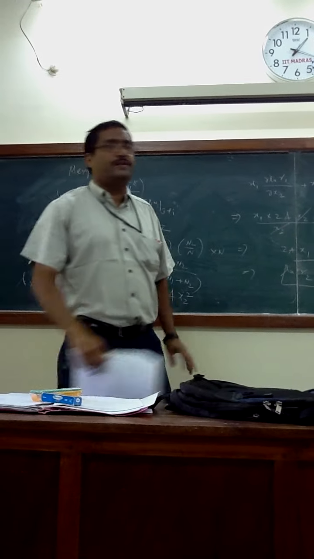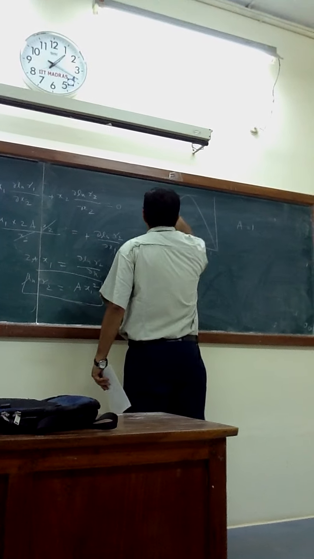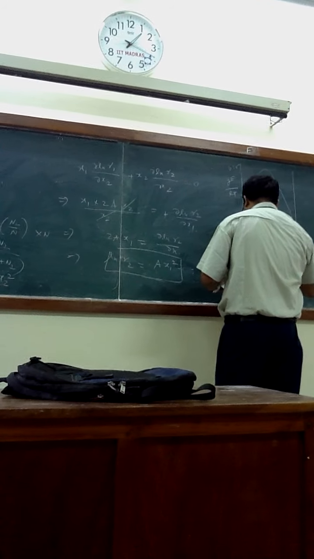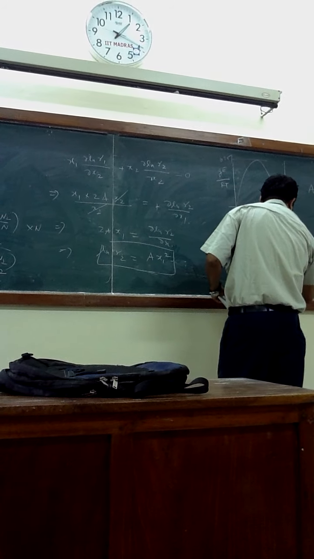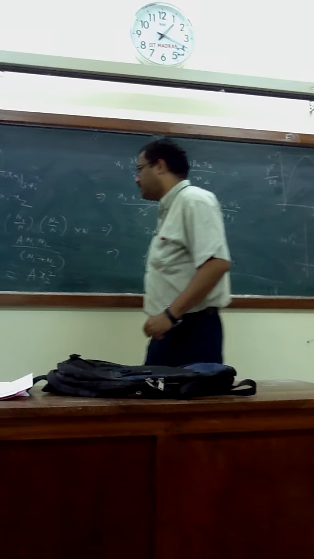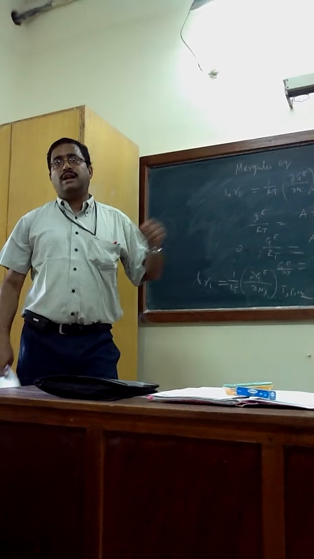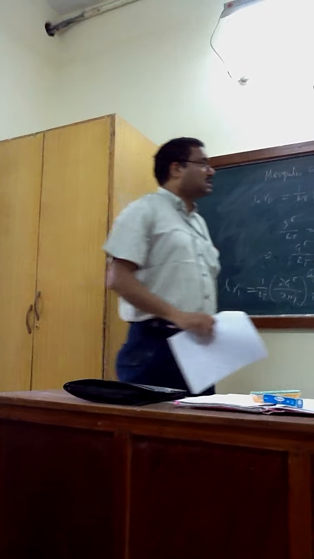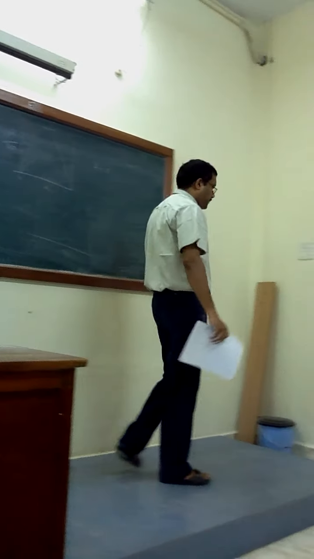Maximum value is 0.25. ln gamma 1, I am trying to put in terms of x1. So first will be a into (1 minus x1) whole square. ln gamma 2 is a x1 square, right? How will this graph look like?